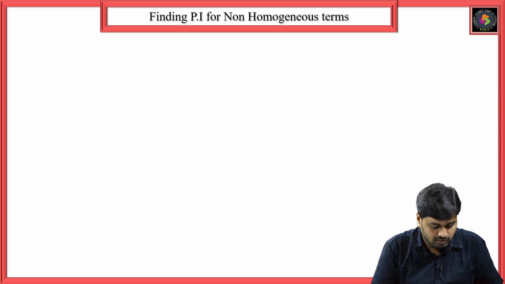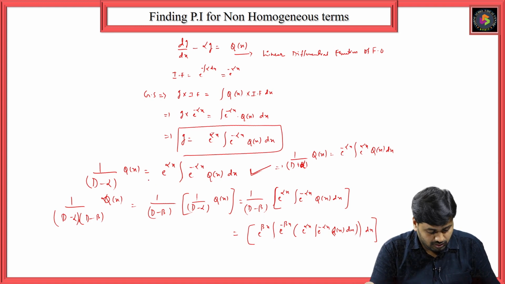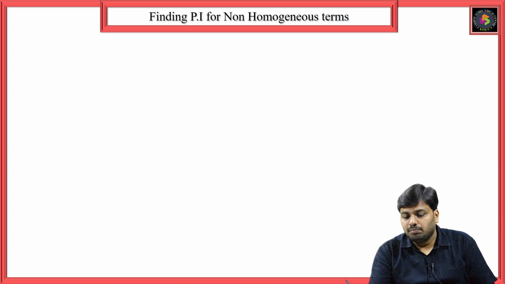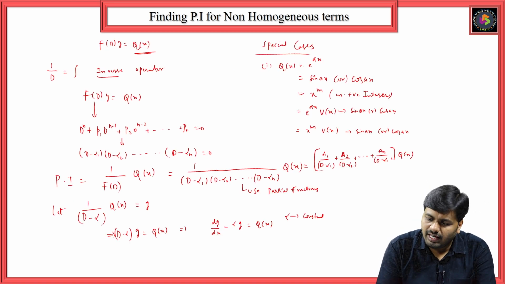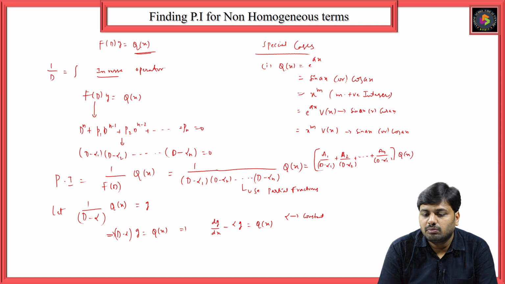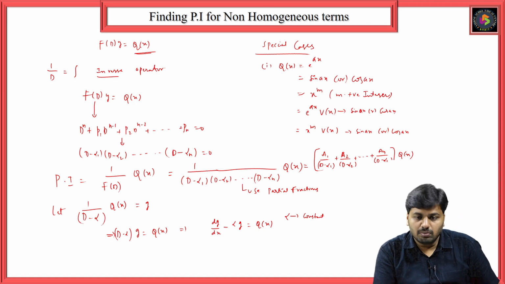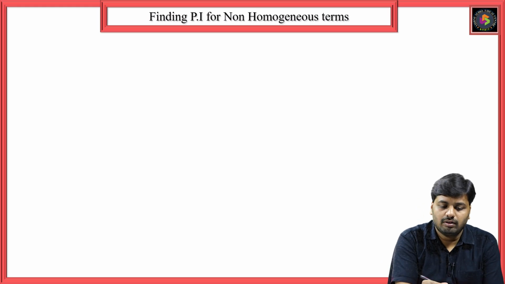Then apply the method we have for D minus alpha into something, applying the previous case for the nth case. Now we'll solve one problem for this case, then we'll move to the special cases. Now we'll write one problem on this, then you can understand what it is.